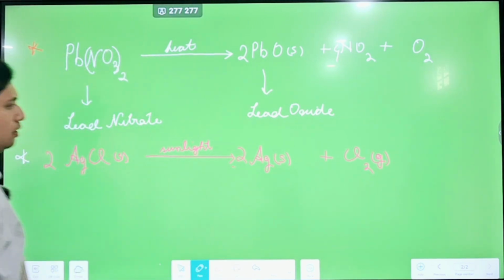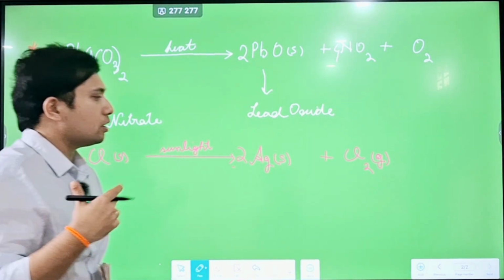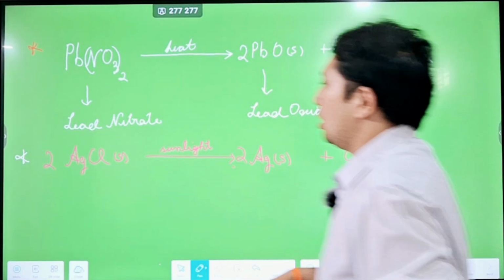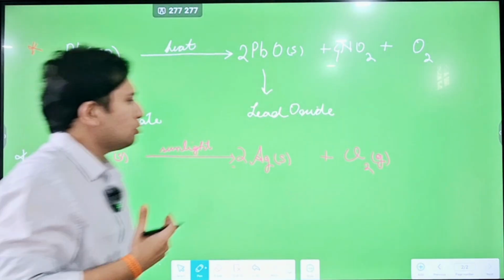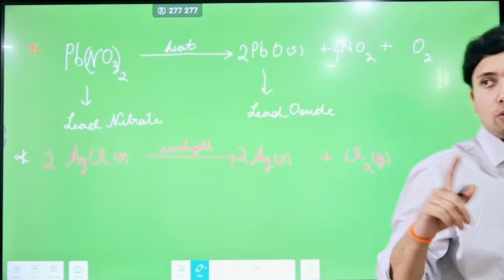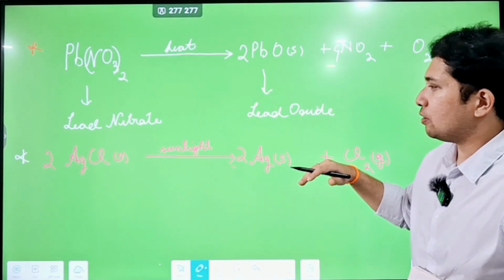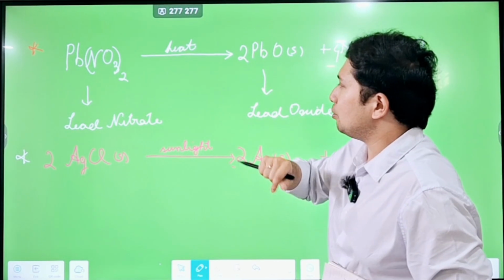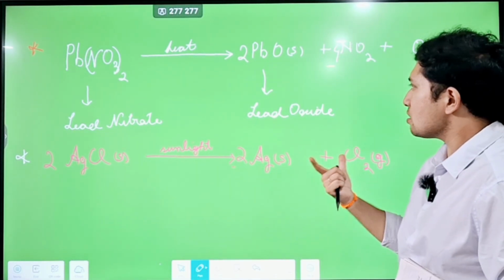This is a fine example of a decomposition reaction again. Okay, you note this now, just look at the board. In every decomposition reaction, above the arrow there is something: at least heat, otherwise sunlight, meaning this is required.